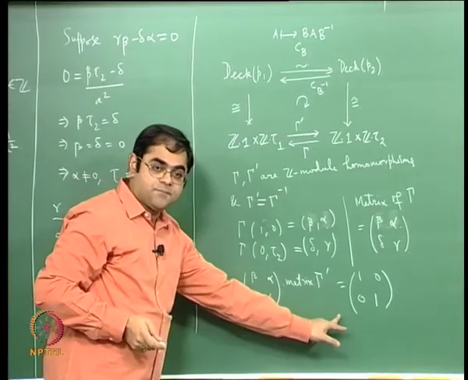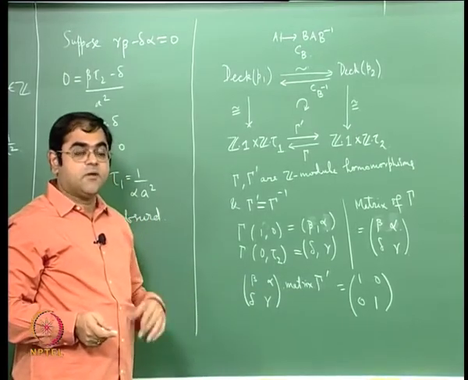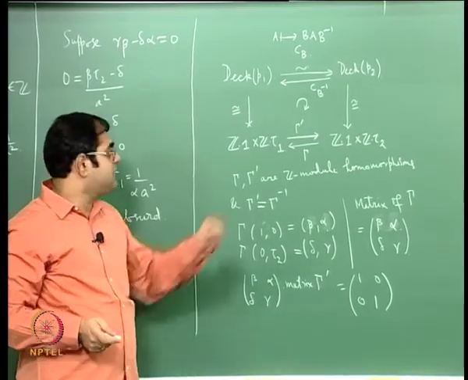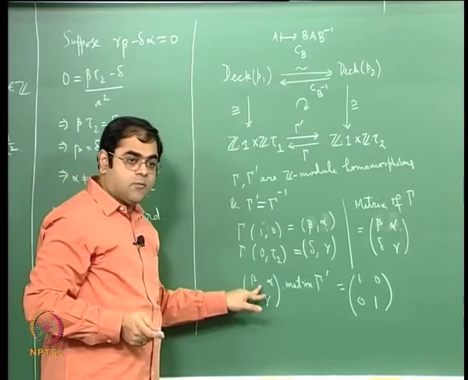So I get this, and notice that the matrix of gamma prime will also have integer entries, you have to write it the same way as you wrote gamma.